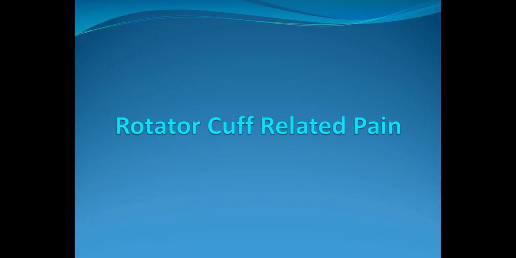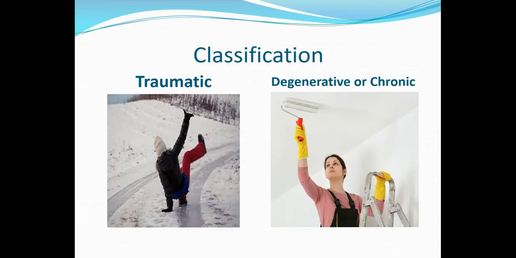Now that we've discussed pain management and exercise-based rehab for all shoulder conditions, we will now talk about rotator cuff-related pain. Rotator cuff injuries can fall under 2 general categories. Traumatic rotator cuff tears occur with a specific event that you will definitely recall. Common incidents include falls, fractures, or dislocations.